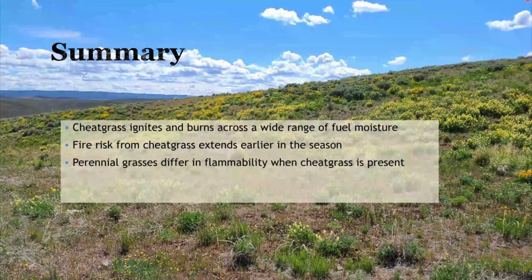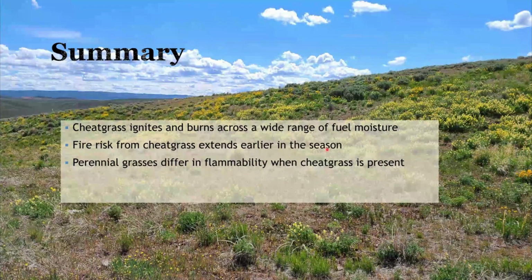So what that's telling us then is that our cheatgrass, it does ignite and it burns across a wide range of fuel moisture. What we found was that cheatgrass would ignite across a whole range. Even though there wasn't as much flame length, it still ignited. Our fire risk from cheatgrass extends earlier into the season than what we had previously thought.